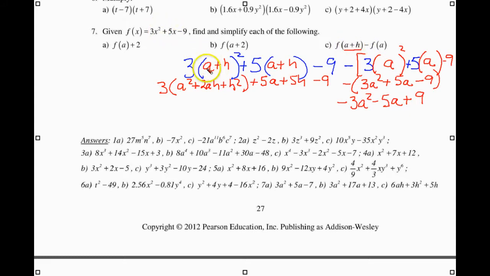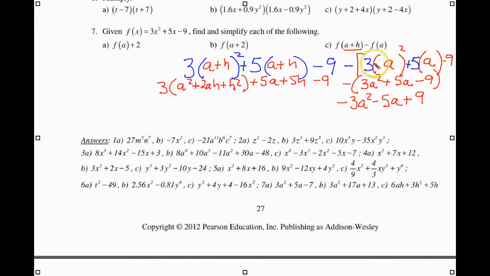X squared, a plus h squared, plus 5 times x here, and then minus 9. And then it says minus that same expression where we're just replacing the x up here with the a, which is what I've done here.